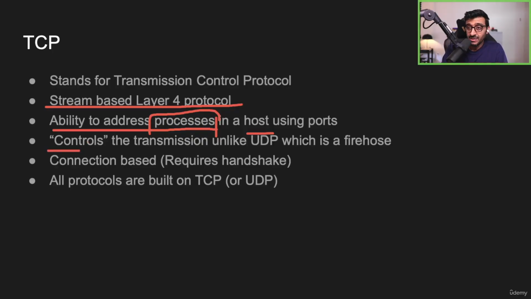And TCP has this control aspect, right? And control means it controls the transmission, not just allows you to send anything, but it controls the flow. Because if it's a stream of bytes, then we need to control it. How many bytes can I send? Can the destination handle it? Can the network handle it?